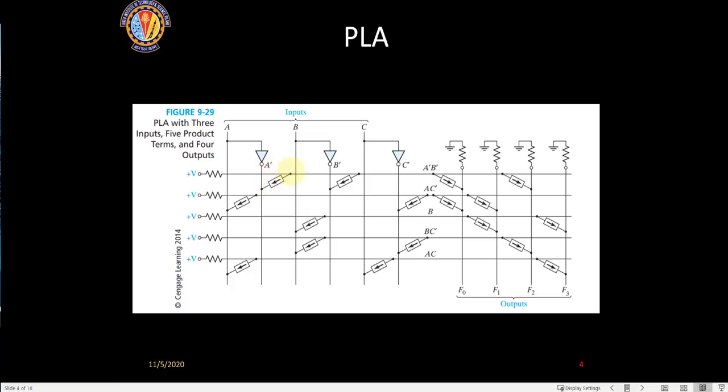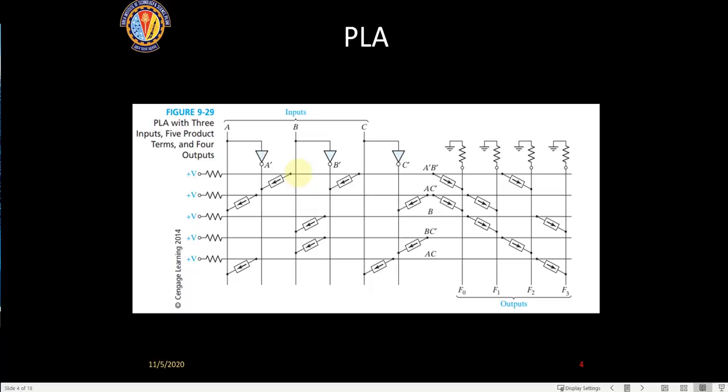So this line will be high, because it is high available here. Similarly, if this is also high, it is going to be high. In case any one of them goes low, there will be a 0 here, so through this diode, this line will become 0. Even if this is 1, if this is 0, this will become 0 out here. So that is why it is known as an AND gate.